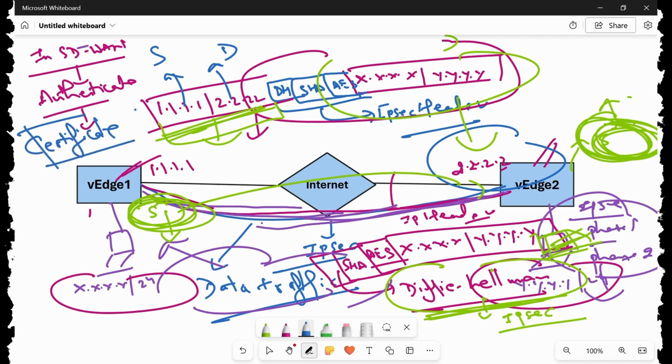So there is a concept of certificates in SD-WAN. Any traffic which is going in tunnels between controllers will be encrypted using DTLS.